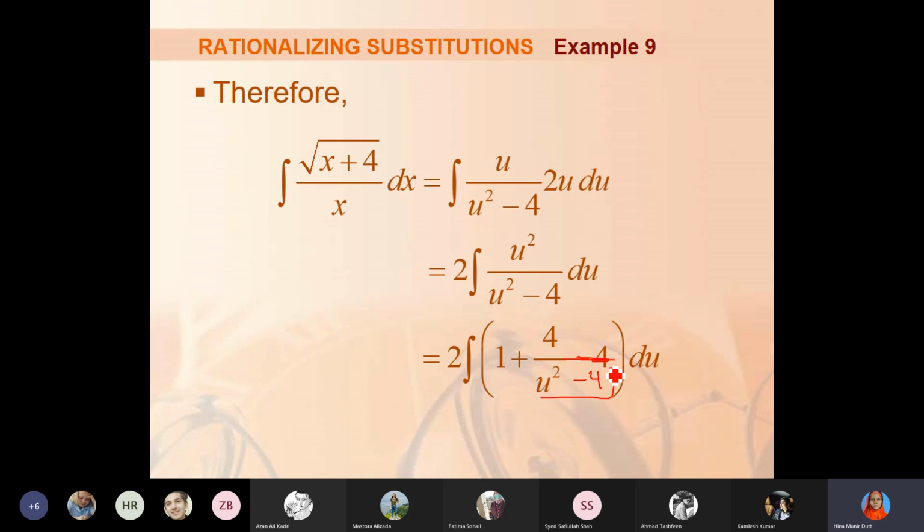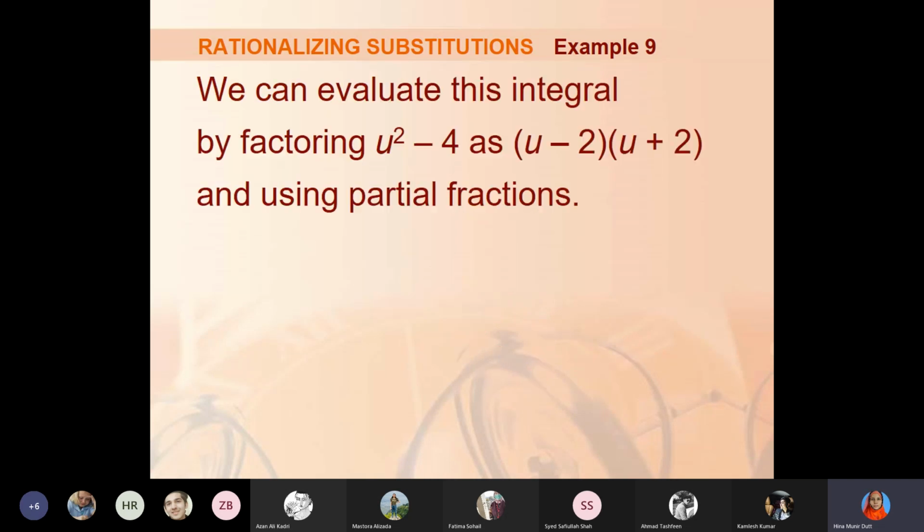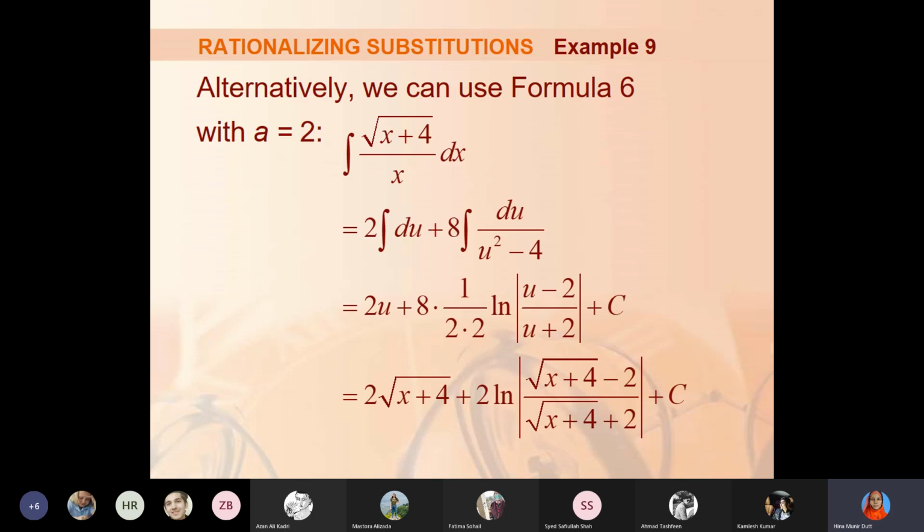And then I need to factorize this and use the method of partial fractions. u squared minus 4 factorizes into reducible linear factors, u minus 2 into u plus 2. And we have already done this integration by using the method of partial fractions.